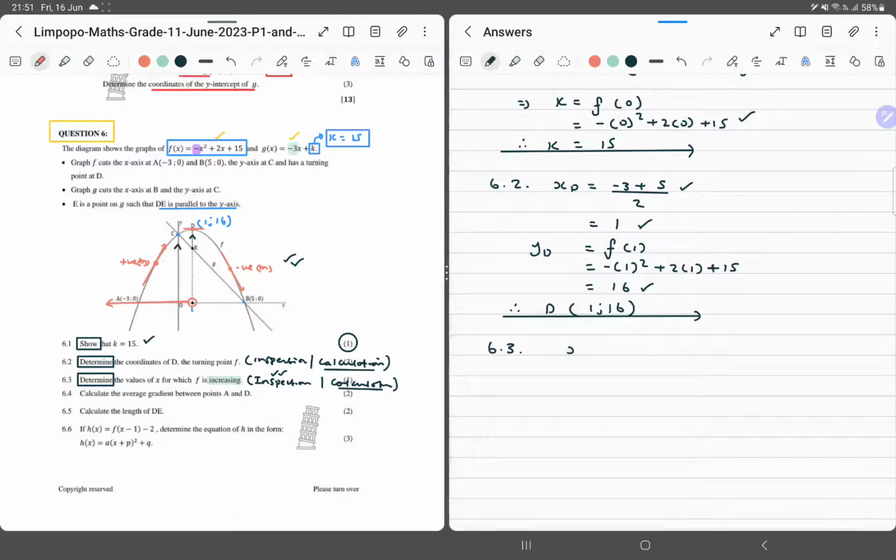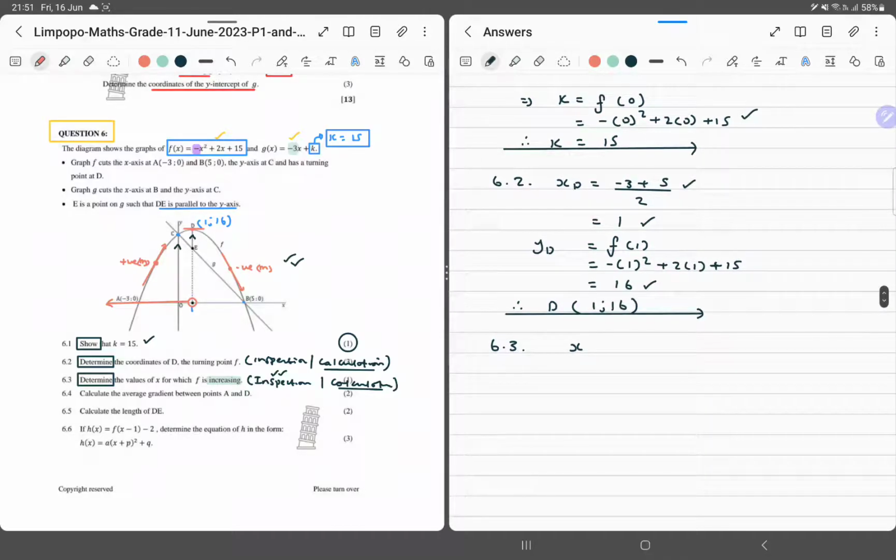So here we can see that x must be an element... we can simply say when x is less than 1, our graph is increasing. Some people can write x is an element of (negative infinity; 1), where 1 cannot be included.